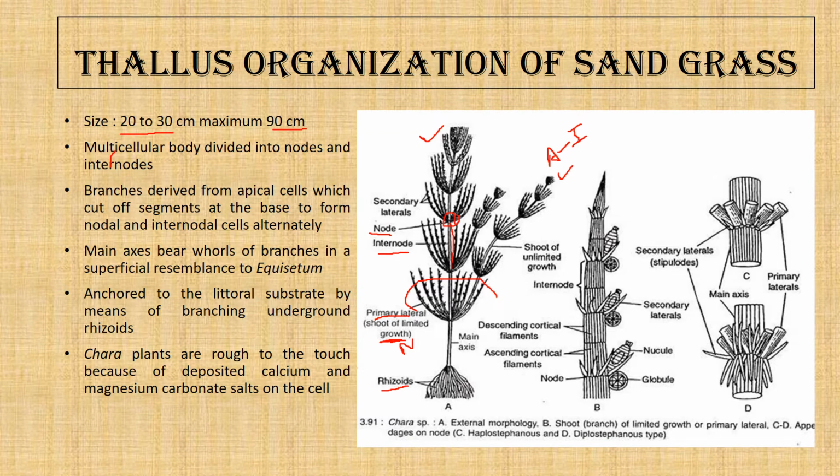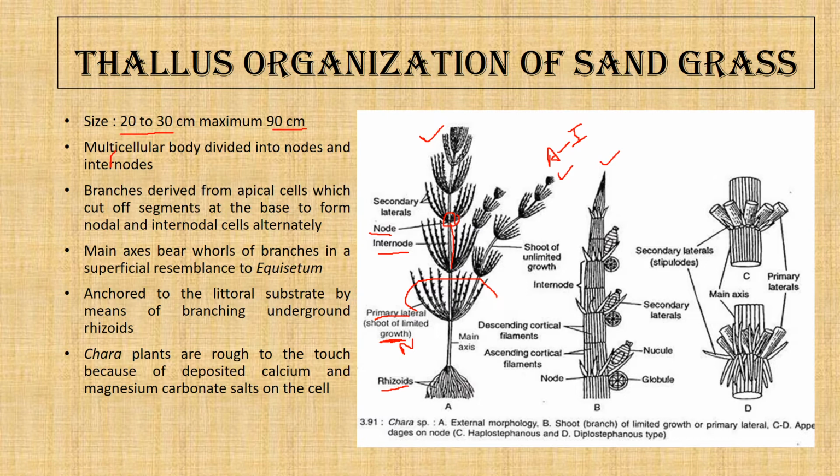So the branches of unlimited growth arise from internodal cells, and the branches of limited growth, that is the primary laterals, arise from the nodal cells. So this is about the branching.